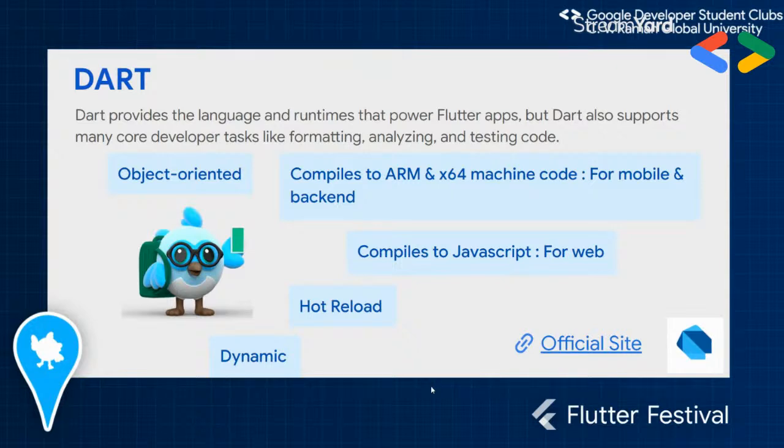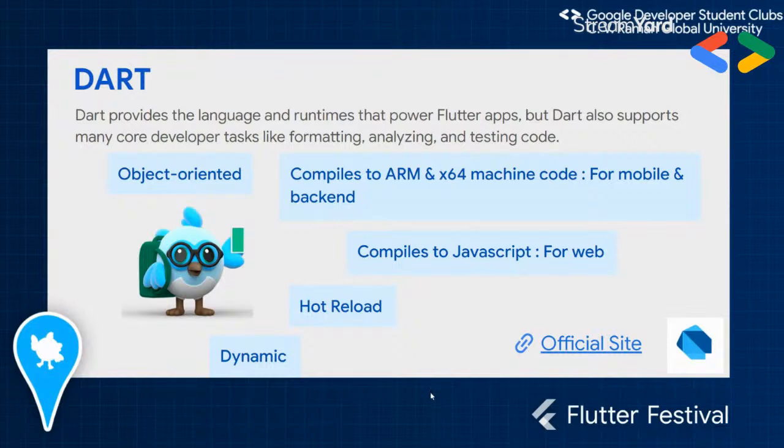Other than that, we should know that Dart is an object-oriented language, which uses the concept of classes and objects. Classes and objects are very essential for app development, and that's why Dart provides a faster runtime environment because of its object-oriented programming.